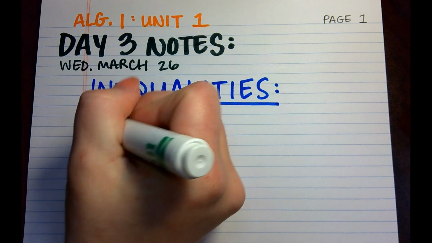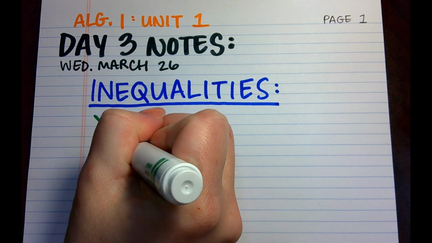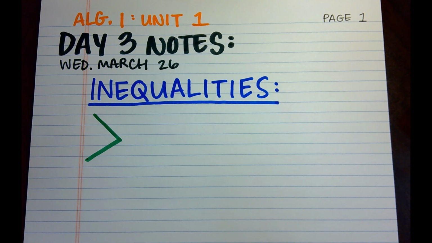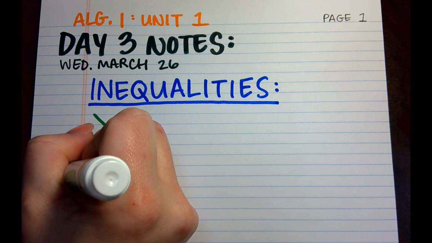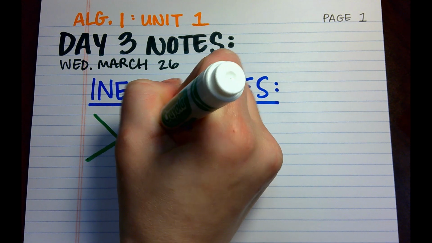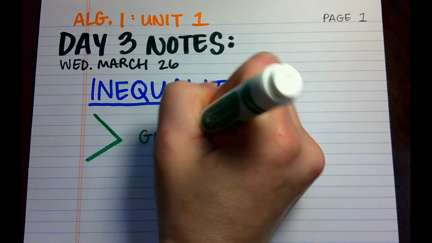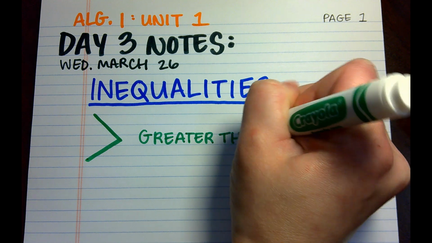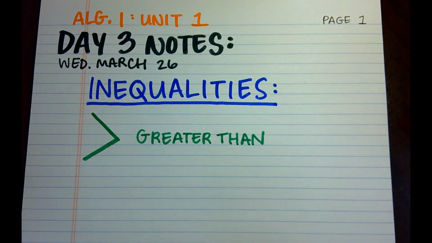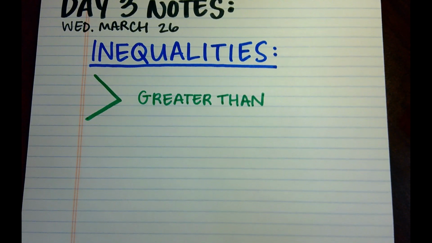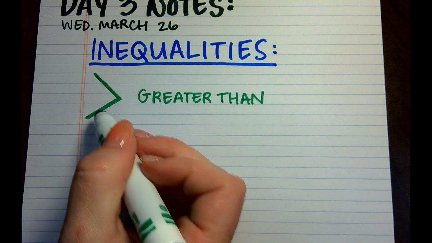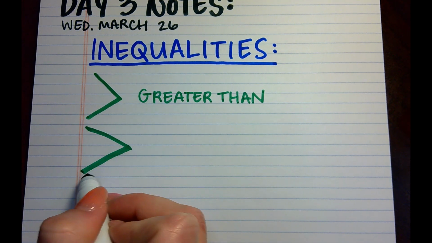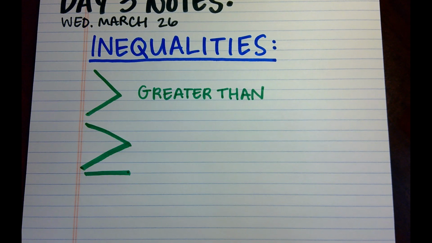Our first symbol looks like this. Does anybody know what this is called? Greater than. Our next symbol is very similar. There's a line under it now.